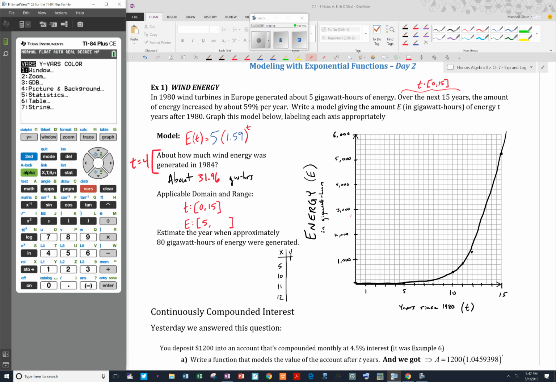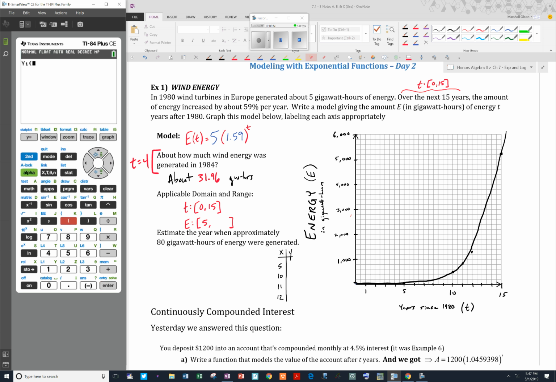You would go vars, and anybody can do this, even if you have the new calculators. Go to the variable button, which says vars, and then scroll over to y variables. We want a function, so hit enter on number 1. And then the very first one will be y sub 1, so you just hit enter. And it'll grab that y sub 1, just like the shortcut did before.